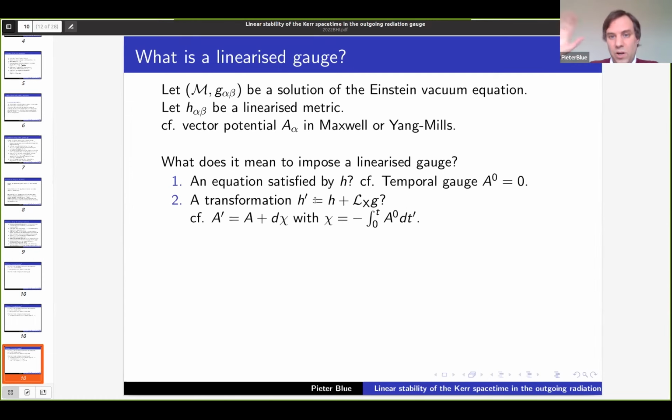So it's not merely that you have conditions that you want the linearized quantity to satisfy. You actually have a process for going from one linearized quantity to a new linearized quantity. And so, for example, with the temporal gauge, there's an explicit formula you can take. So if someone gives you a vector potential in their gauge, you can convert it into the temporal gauge.